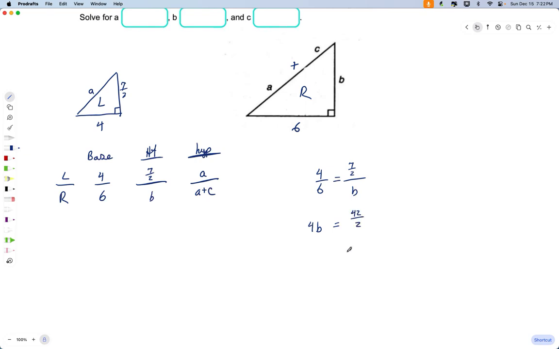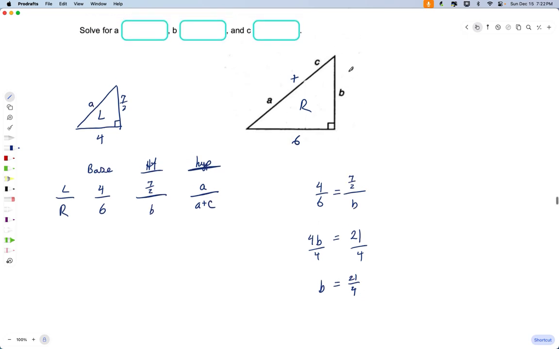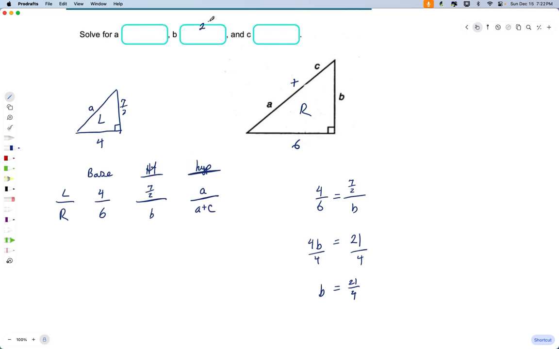That's going to be 21. Divide both sides by 4. B is equal to 21 over 4. That's the solution for B. So we could write that up here, 21 over 4.